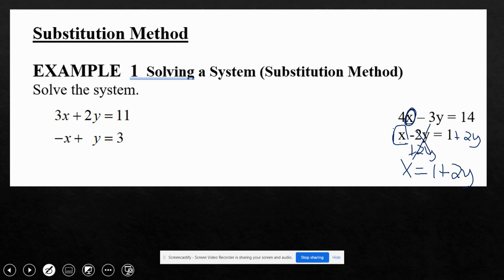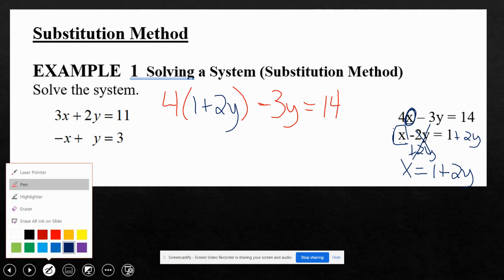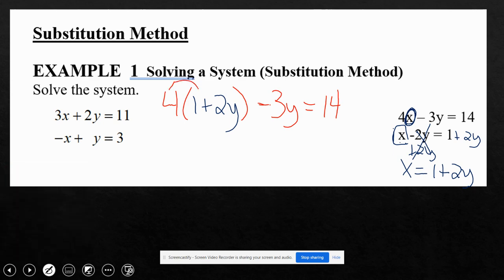And again, that's the only thing that's going to change. So I keep the 4x minus 3y equals 14, and plug in that 1 plus 2y where the x was before.